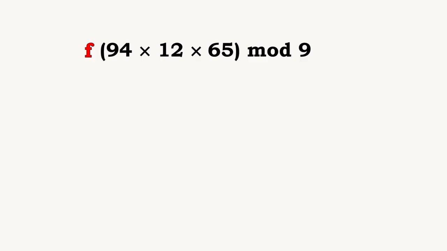Question F says 94 times 12 times 65 mod 9. Remember, change each number separately. So changing, we have 4 times 3 times 2 mod 9.